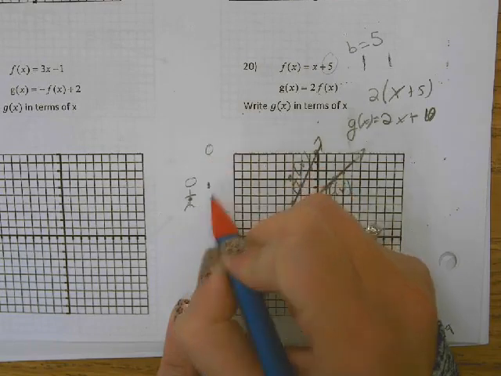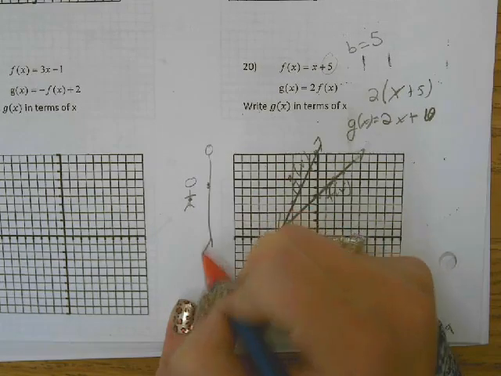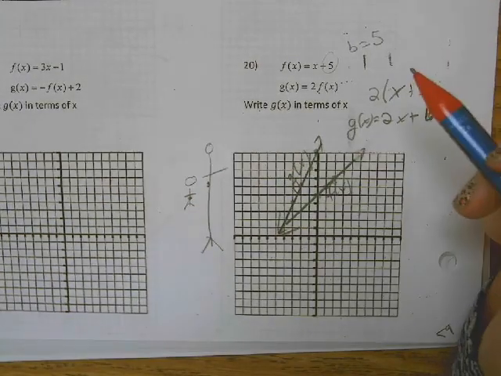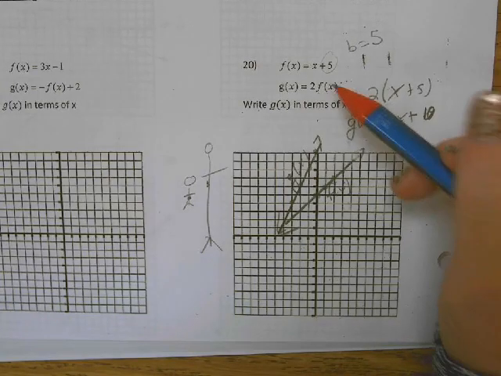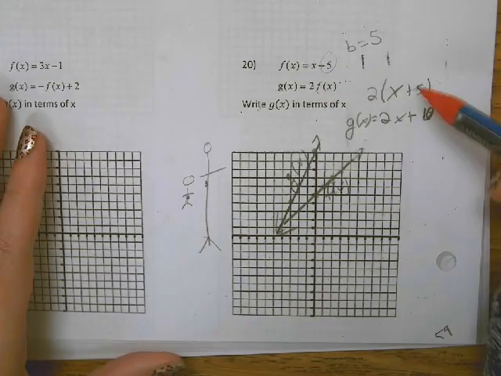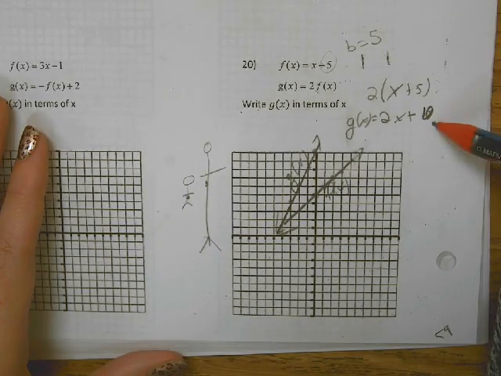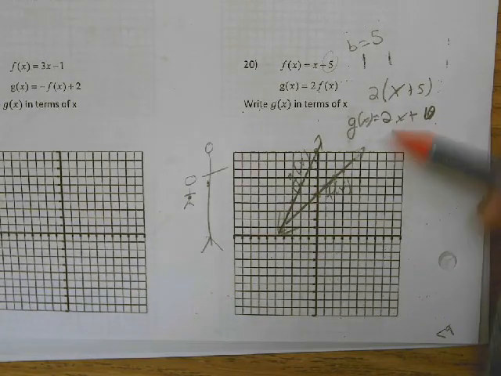Your head's going to go up here, your belly button's going to be there, here will be the rest of you. So it makes sense that the intercept would also get stretched by a factor of 2. Or you can think about distributing it in. So the intercept actually becomes 10, the slope becomes 2, and then you graph it.